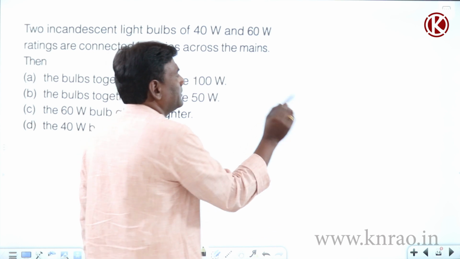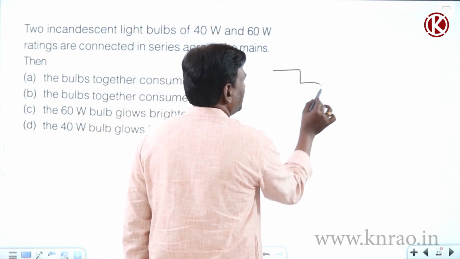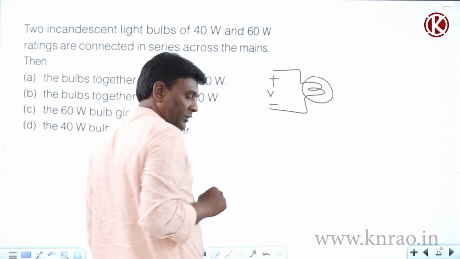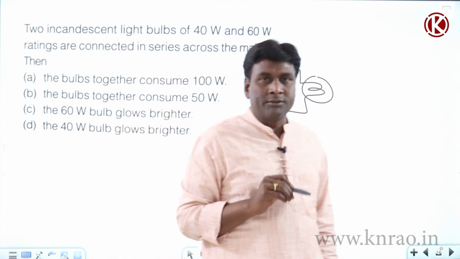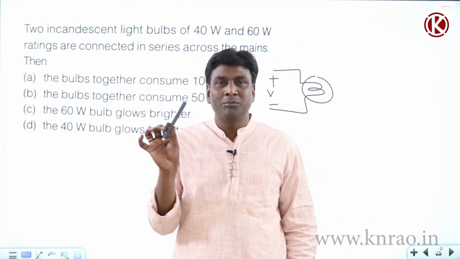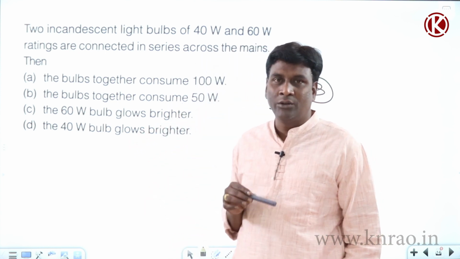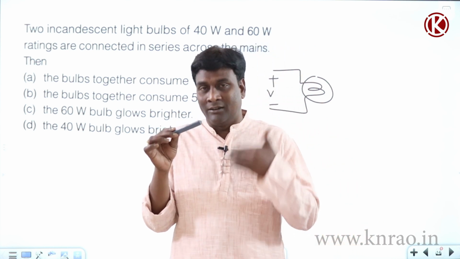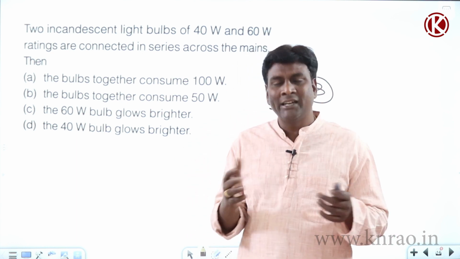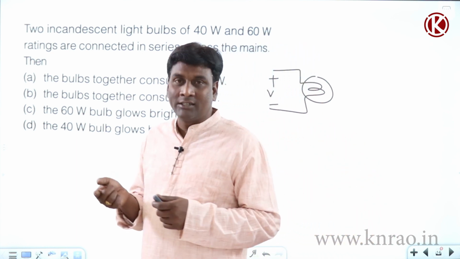Basically, if you connect a lamp to a voltage source, how does an incandescent lamp work? Let me tell you. If I keep on heating a metal, what will happen? In a blacksmith's shop, you might have seen the metal go to a red hot condition.